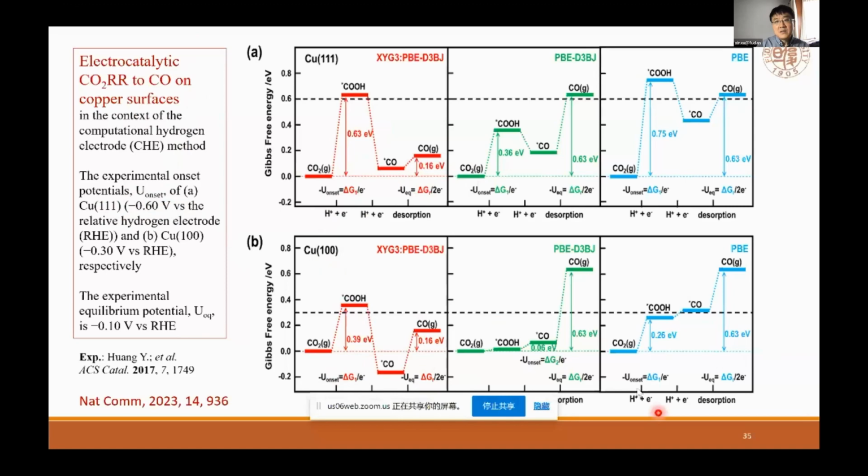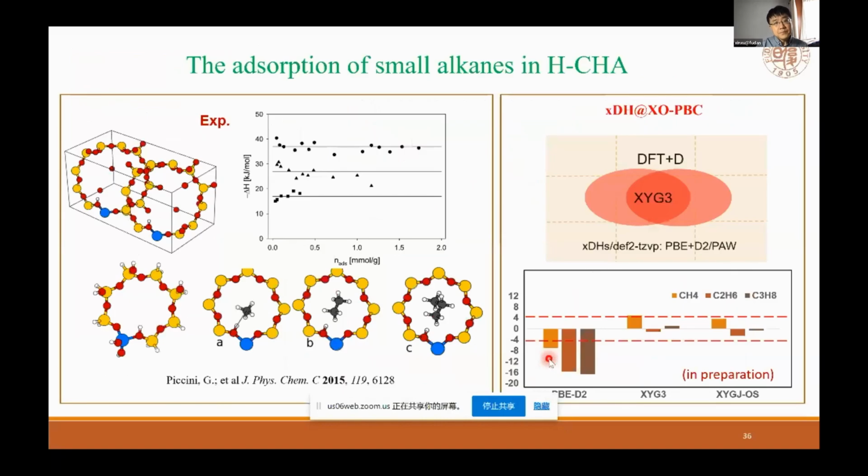Immediately you can see the potential energy curves calculated by PBE and PBE plus D are dramatically different from what we have, and also differ from experiment results. And this difference is not only quantitative, but also qualitative, because this will predict the wrong rate determining step.